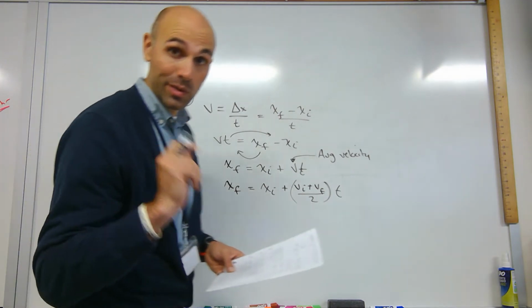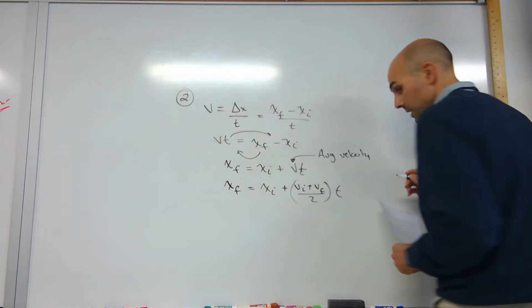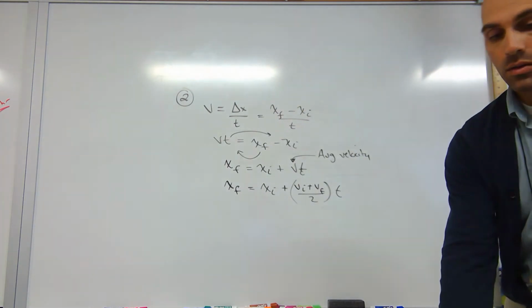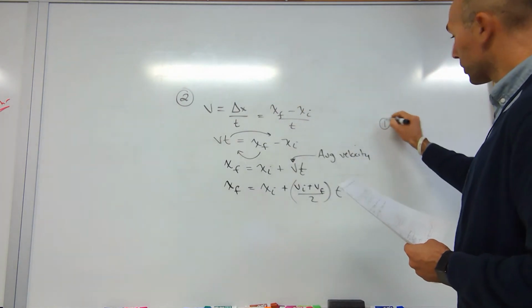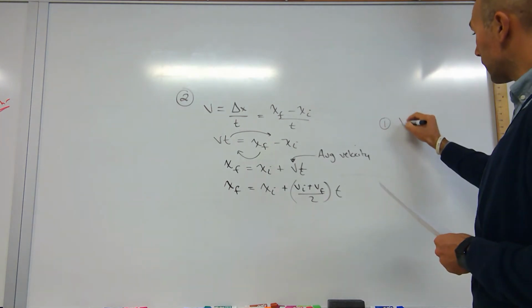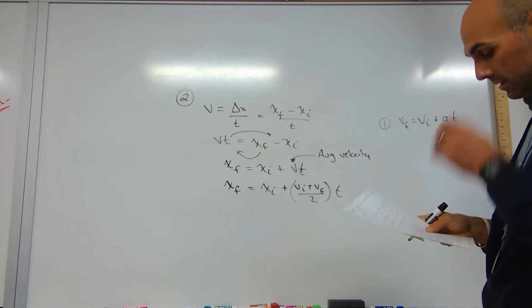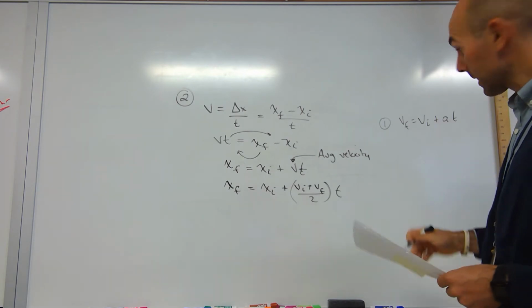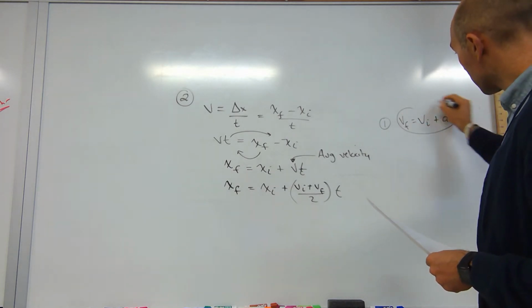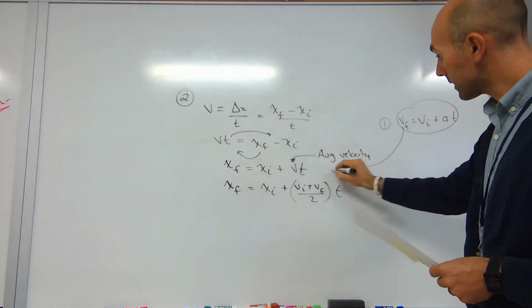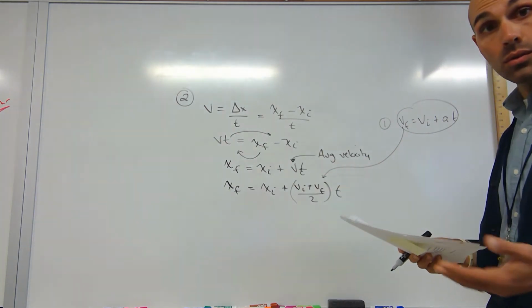All right, remember equation number 1. Equation number 1 was this. Put a little 1 there for equation number 1. It was Vf equals Vi plus At. Well, guess what? We're going to take this equation and plug it into the Vf.